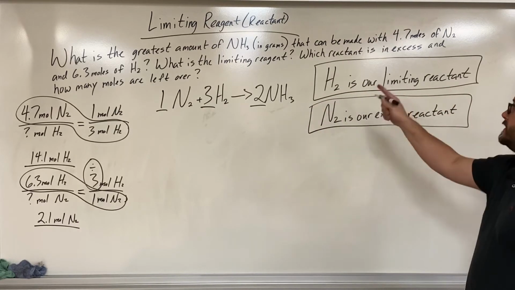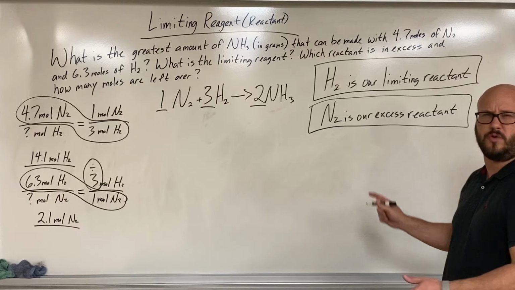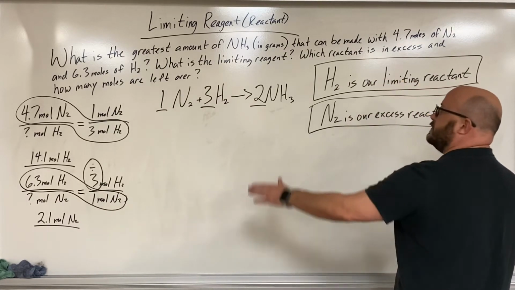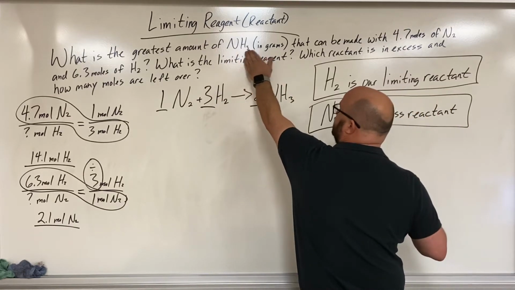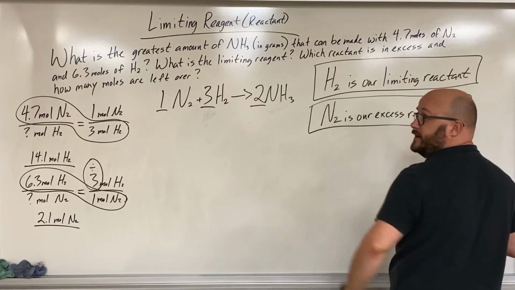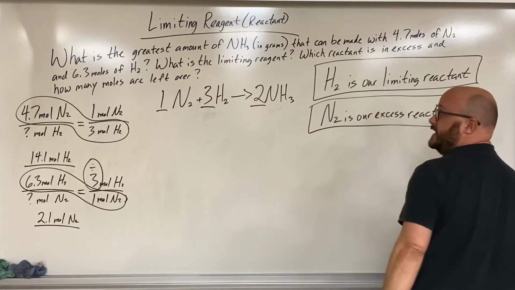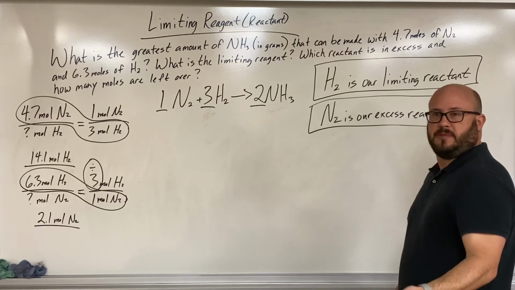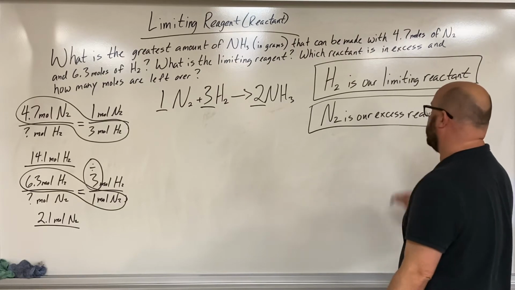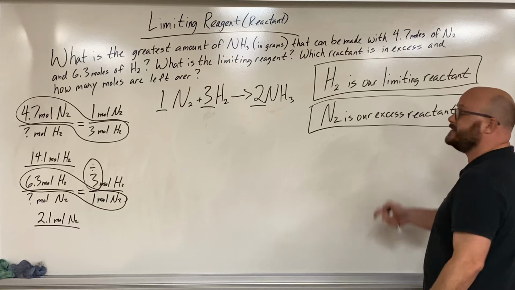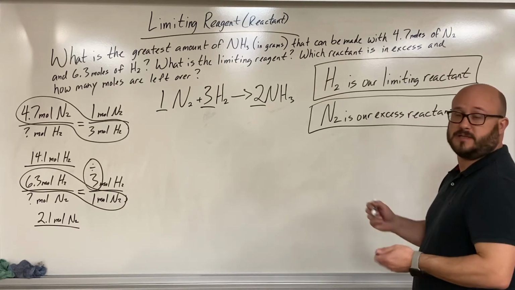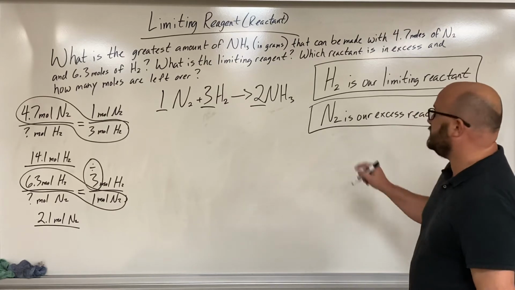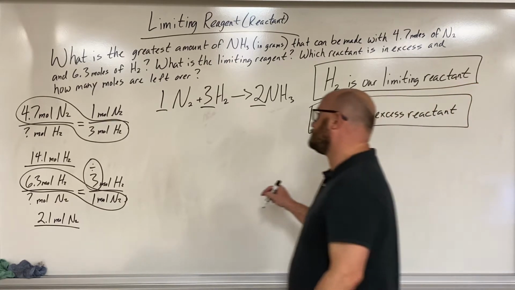Okay, now let's figure out the other two questions in this problem. First up, it wants to know the greatest amount of NH3 that can be made in grams based upon this scenario. Well, if we're looking at the greatest amount that can be produced, we're not going to look at the excess reagent's amount. We have to look at the limiting reagent's amount because it's going to prevent us from producing any more product. We set up another mole to mole conversion.